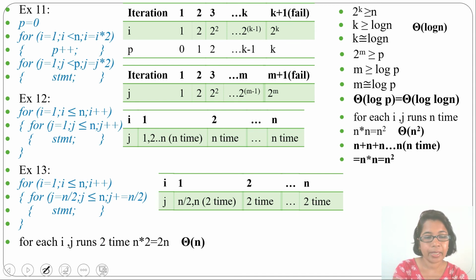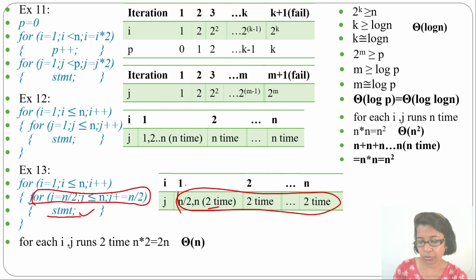We need to find how many times this statement will execute. This is the basic operation. This statement will execute as many times as the second for loop runs, and the second for loop will run 2 times for every i. So you can simply add 2 plus 2 plus 2 up to n times.